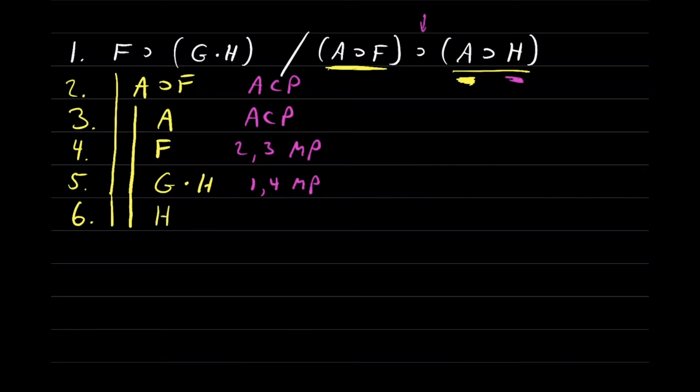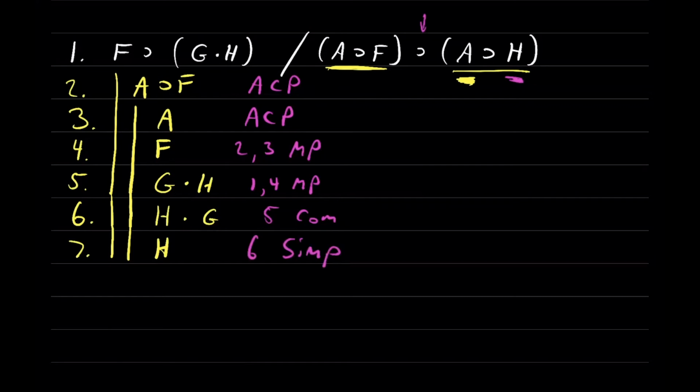We can do commutativity to get H and G. So line 5 by commutativity. Then I can simplify to get H on its own line, still inside the scope of these two vertical lines. So H, that's going to be simplification from line 6.